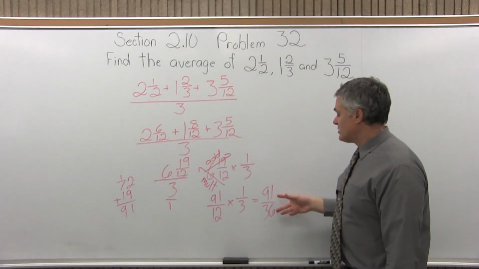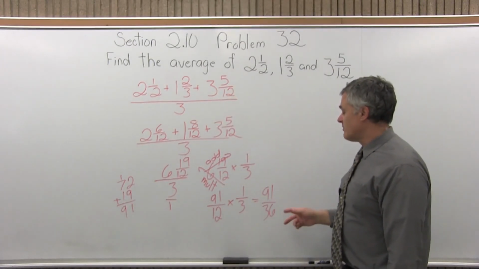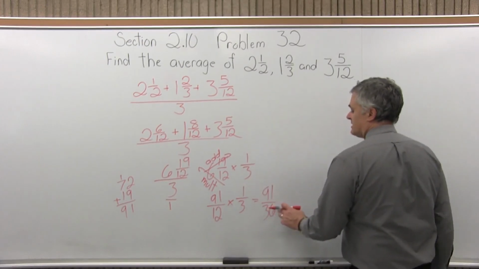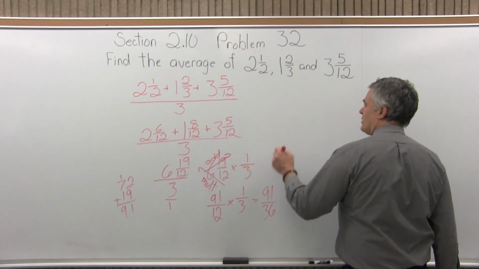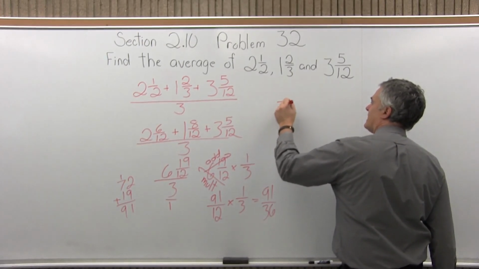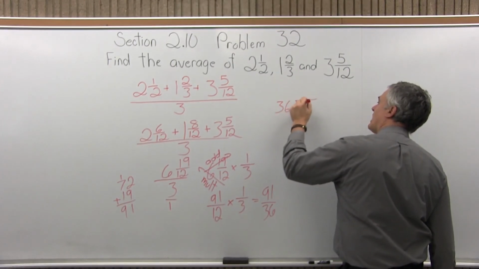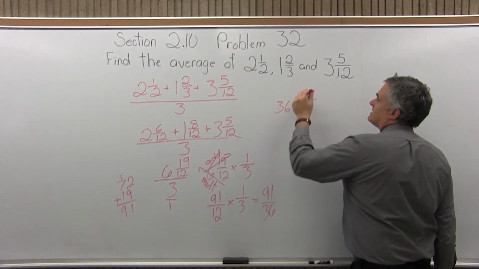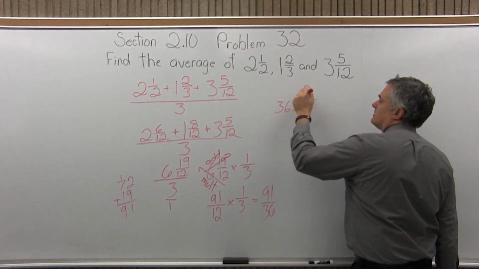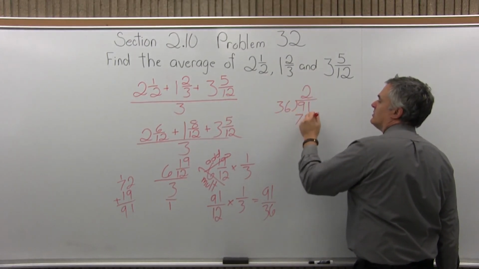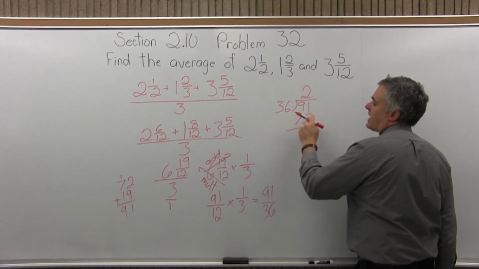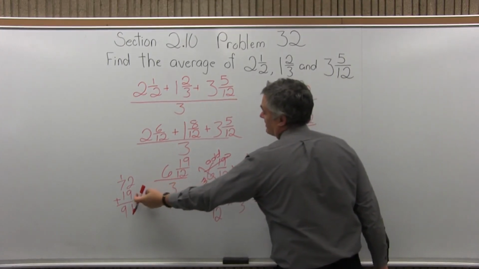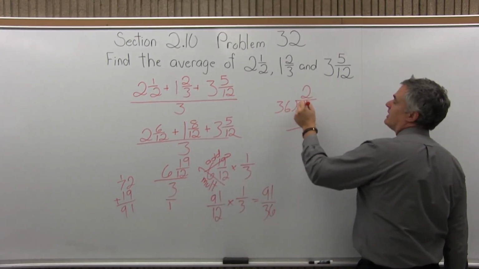So if your teacher prefers that you write it as a mixed number, what you would have to do is set up a division. The denominator of 36 divides into the numerator of 91 how many times? Find the remainder. So 36 times 2 will get me close. 36 times 2 is 72. And now if I subtract, I happen to have the answer here, I know it's 19, but you can do it again.